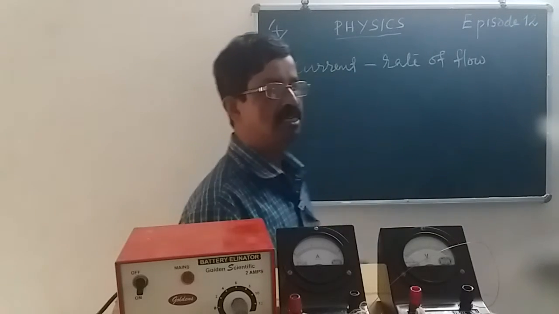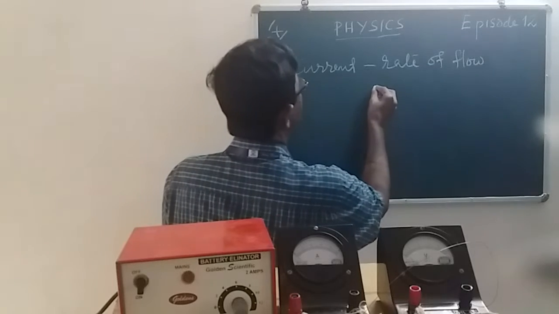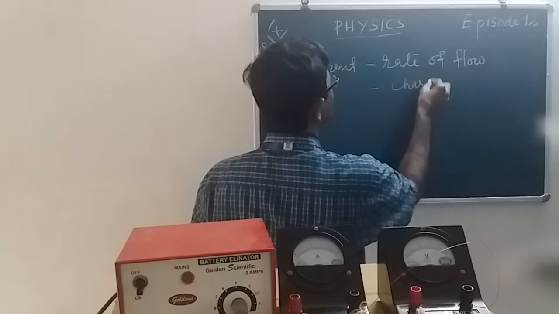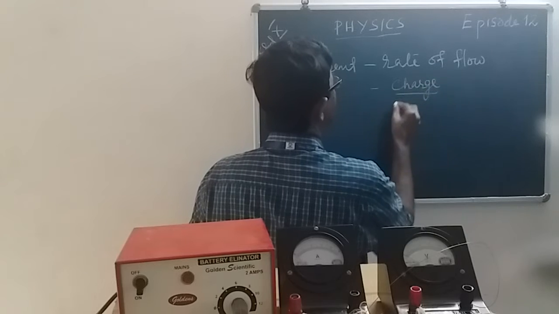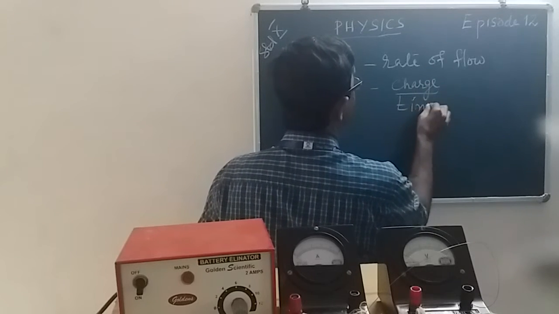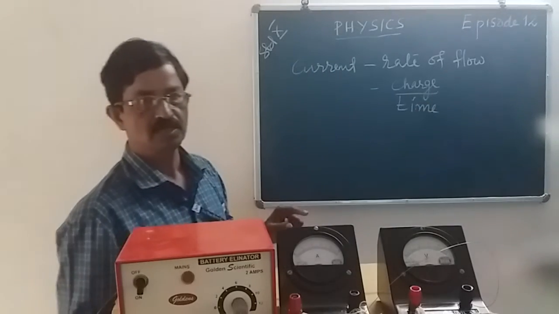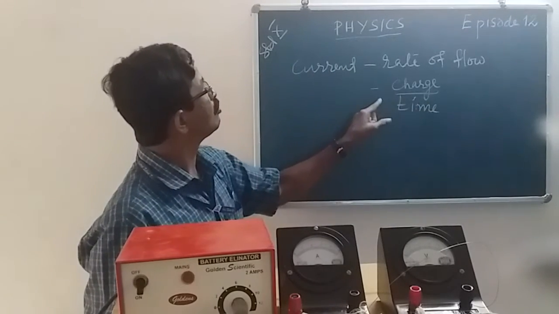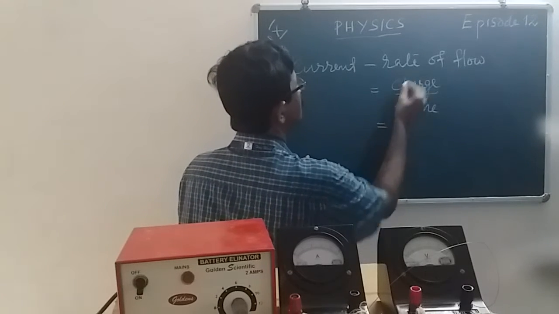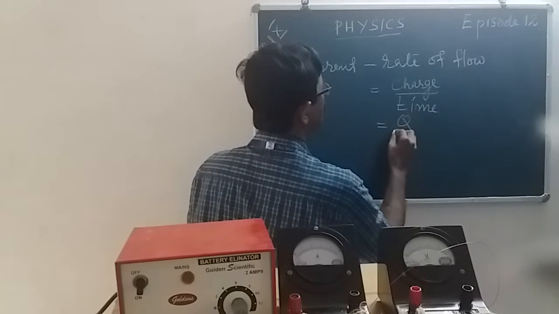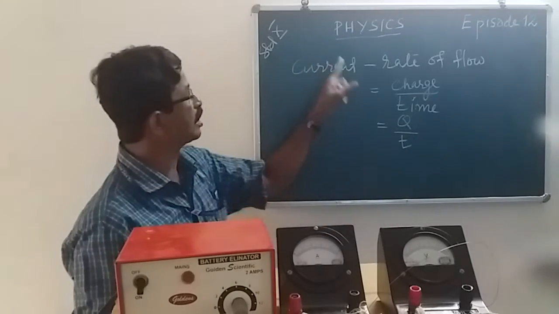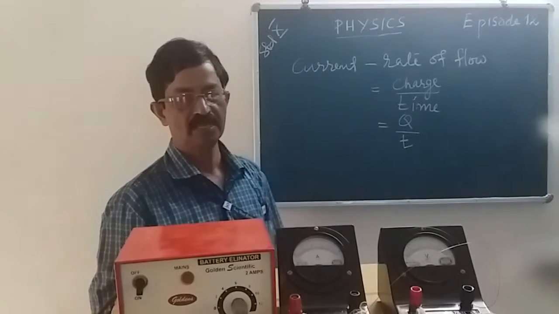And electric current, we can write as charge by time. Electric current is equal to charge, which we represent with Q, and time with T. So it is equal to Q by T.